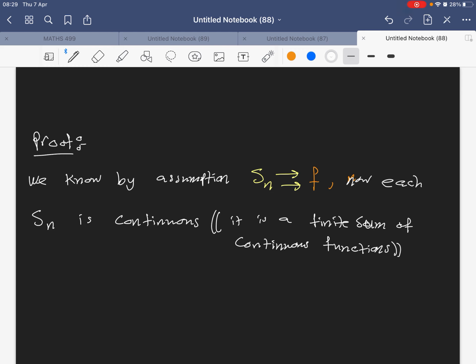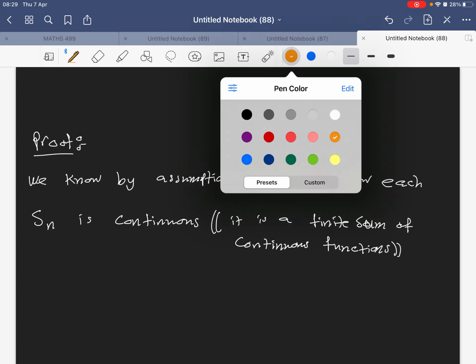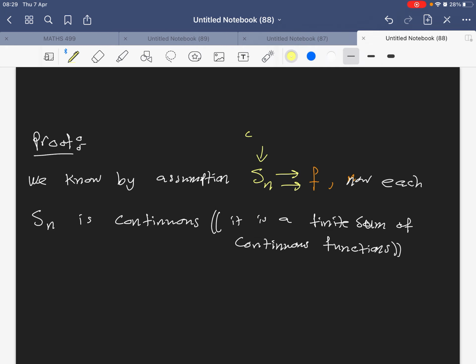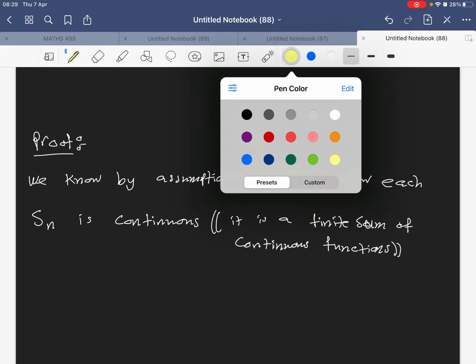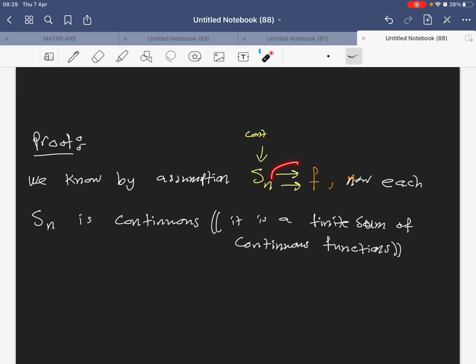So each Sn is continuous, we have uniform convergence, hence f itself is continuous.